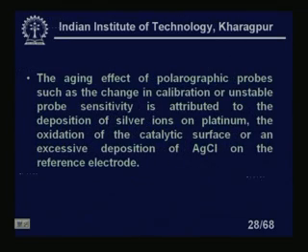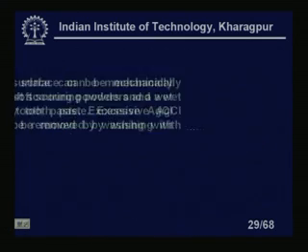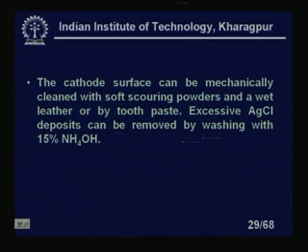The aging effect of the polarographic probes, such as the change in calibrations or unstable probe sensitivity, is attributed to the deposition of silver ions on platinum and the oxidation of the catalytic surface, or an excessive deposition of silver chloride on the reference electrode. The cathode surface can be mechanically cleaned with soft scouring powders.